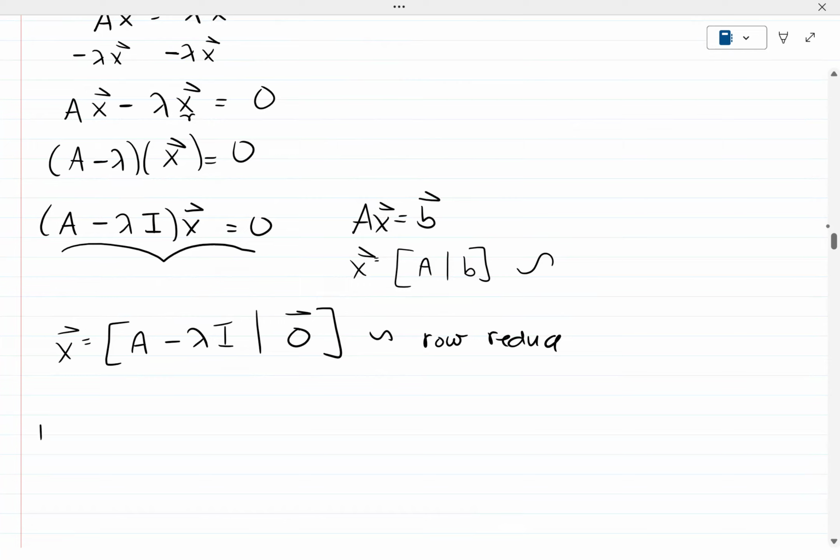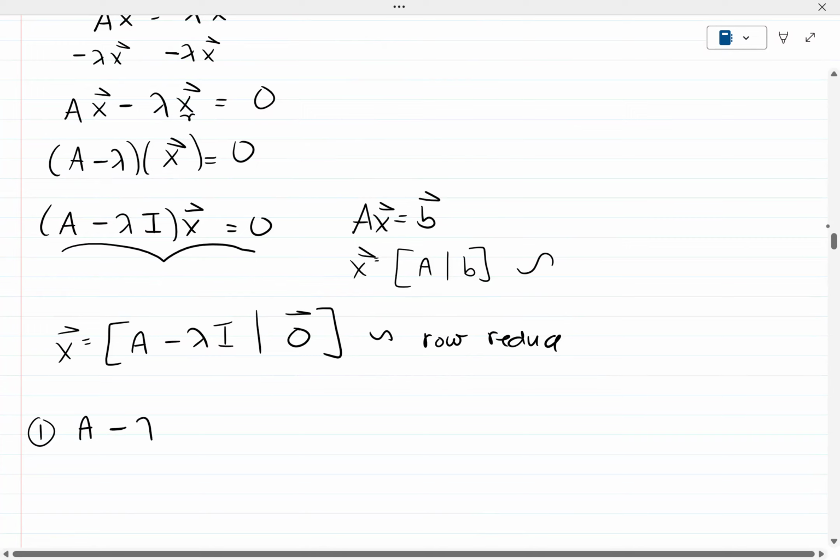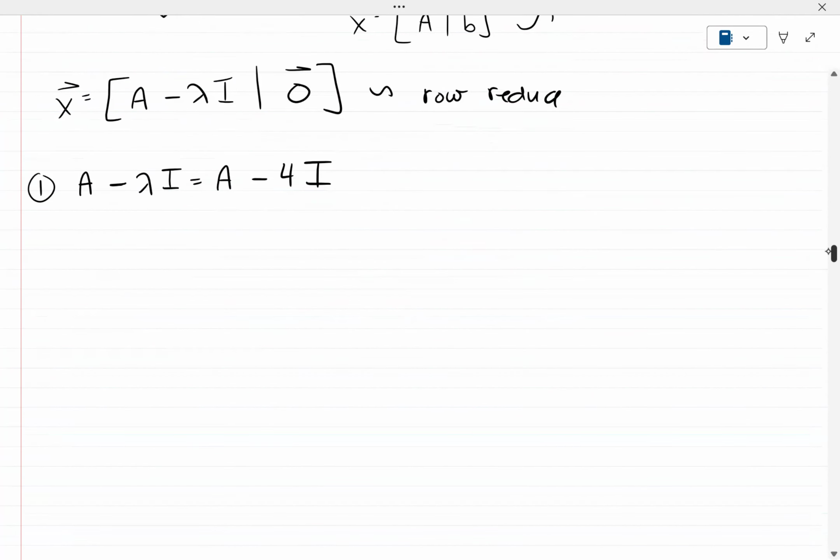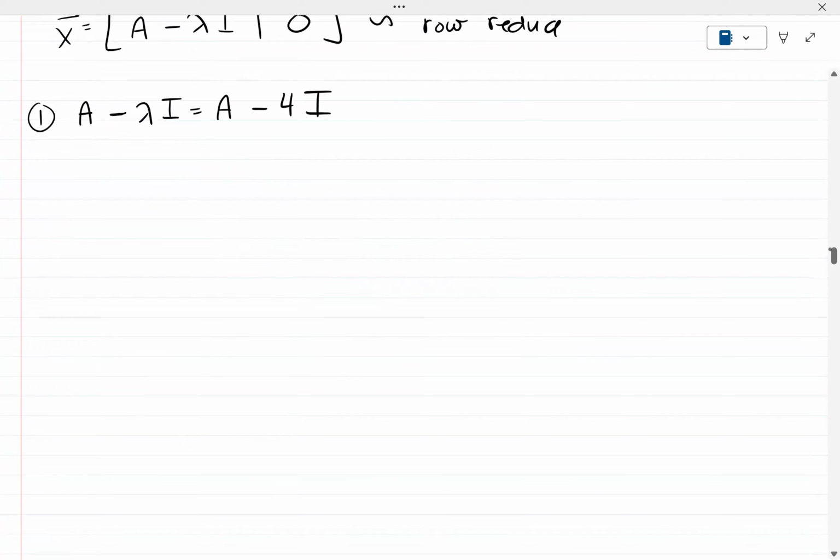So step one, I'm going to set it up like this: A minus lambda times the identity matrix I is equal to A minus 4 times I. So we know matrix A is 0, -4, -2, 2, and it's going to be minus 4 times 1, 0, 0, 1.